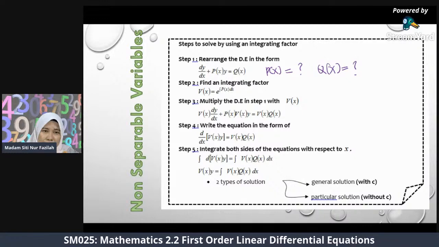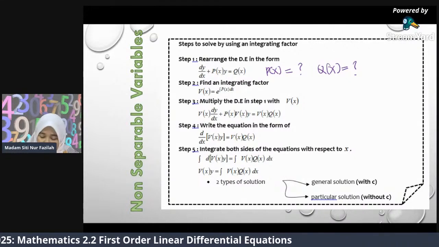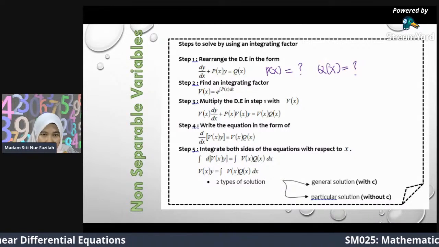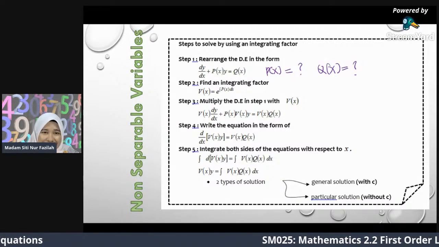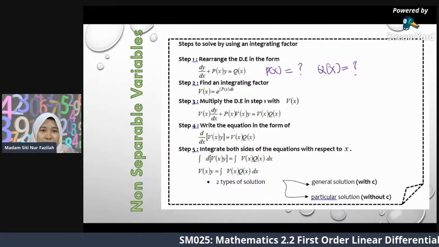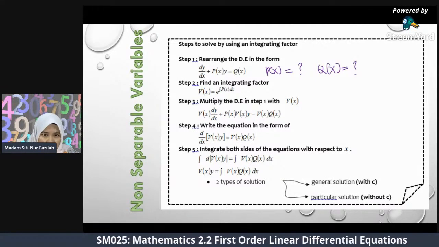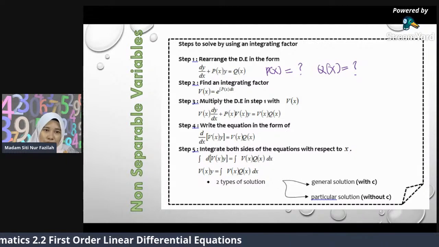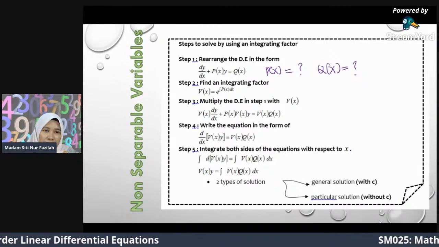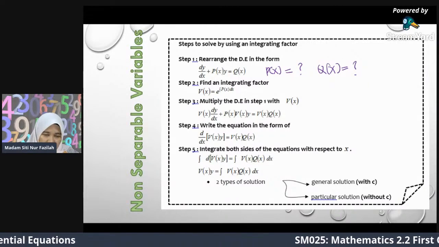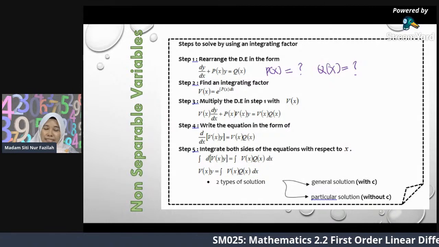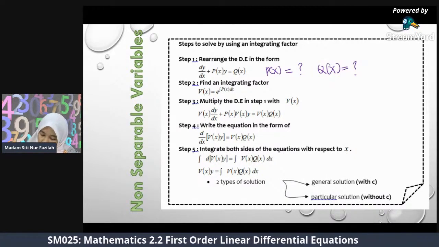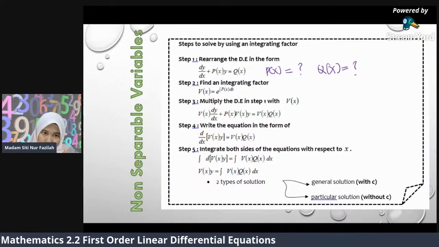The formula is exponent to the power of integrate function P(x) dx. Make sure you write down the correct P(x) to find the integrating factor, function V(x). That's for step 2.